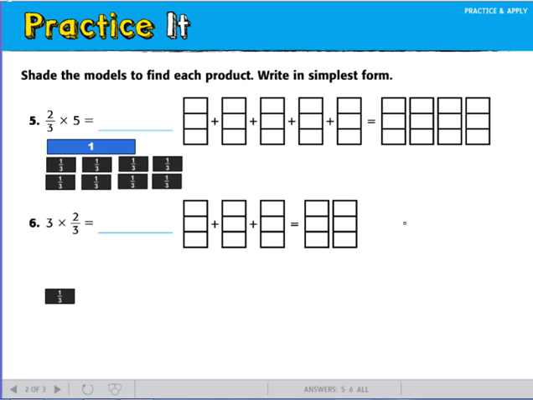Who's laying this out right now? Come on, follow along. How many 1/3 tiles do you have left? 1. You have 1 1/3 tile left, right? So this is what we're going to do.